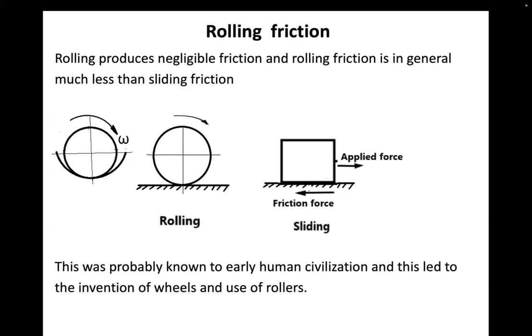So we conclude here that rolling over a flat or curved or any other surface would be smaller compared to the sliding of an object on a flat or curved surface.